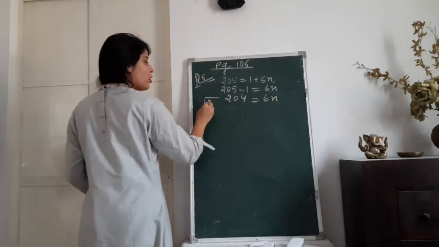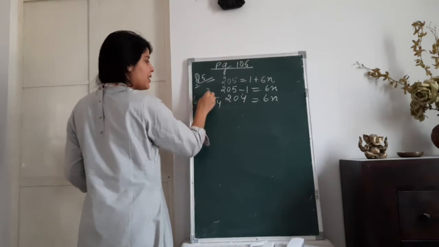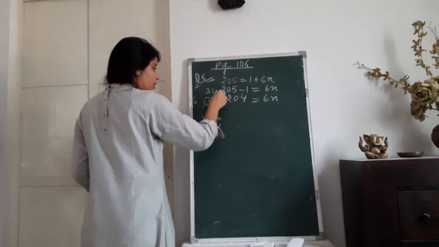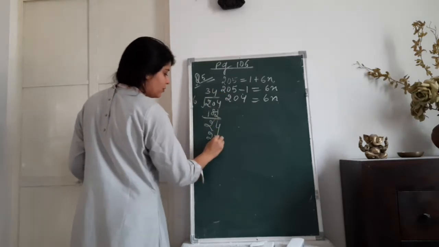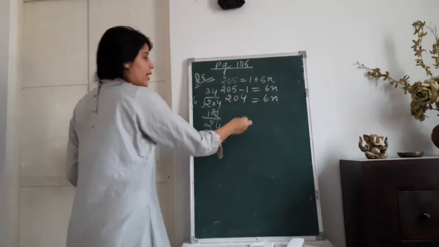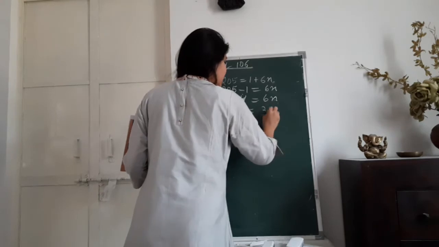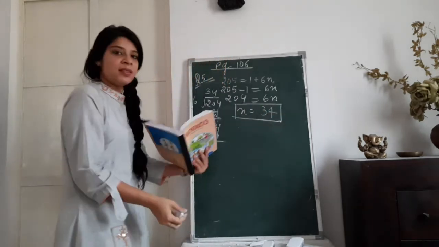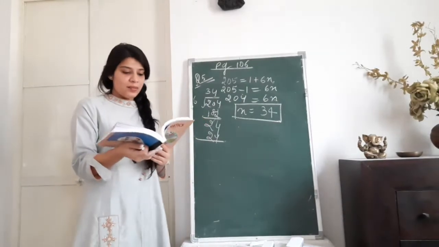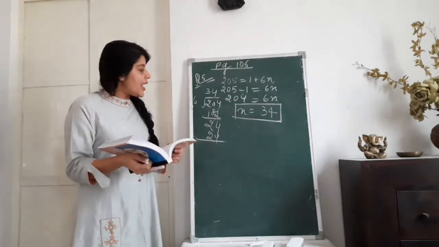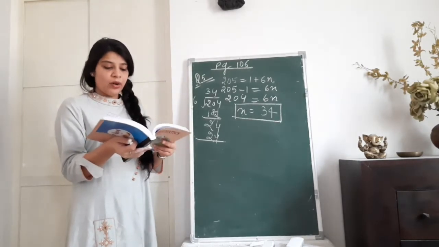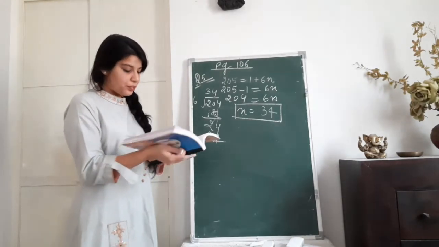Let's divide 204 by 6. 6 3s are 18, 2, 4 and 6 4s are 24. So what do I get? n equals 34. So how many terms are there in this AP? 34 terms are there in this arithmetic progression. Let's move on to the second part of this question.